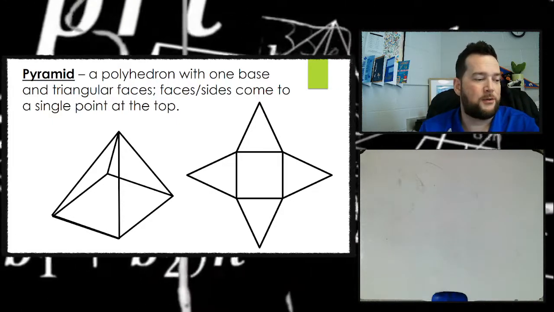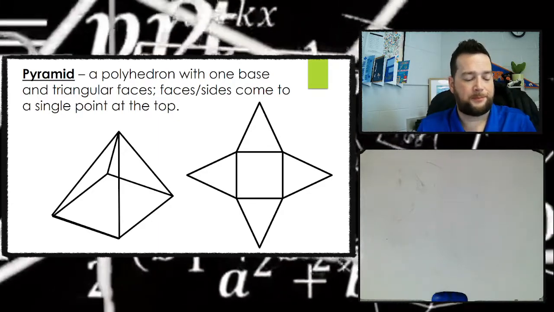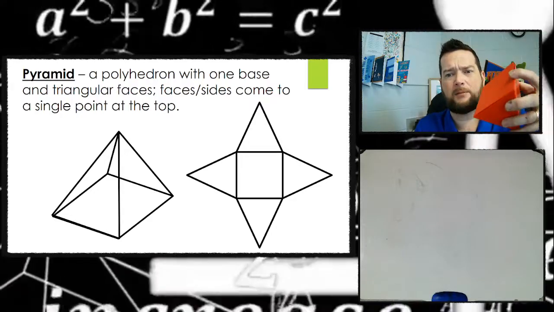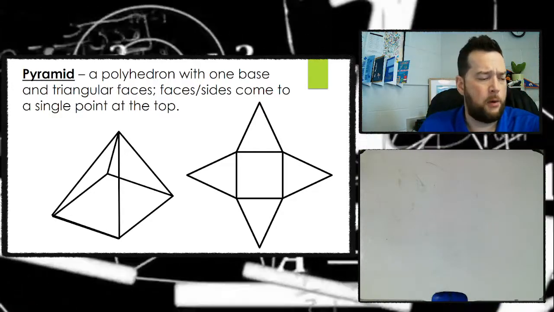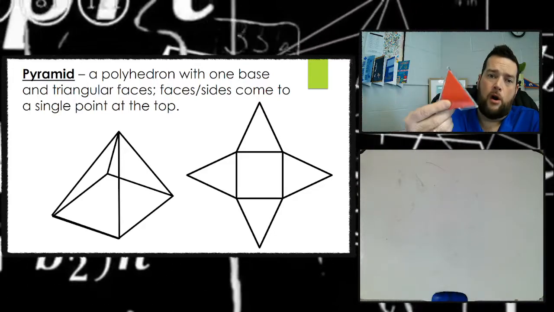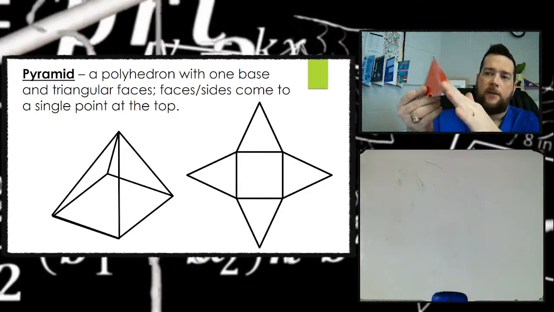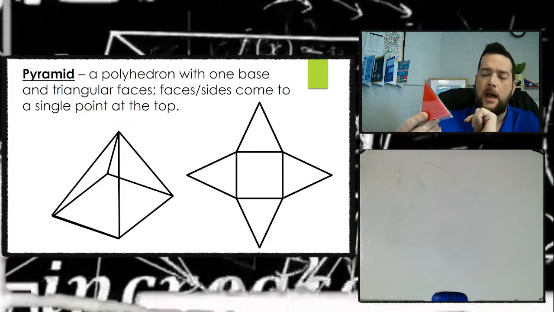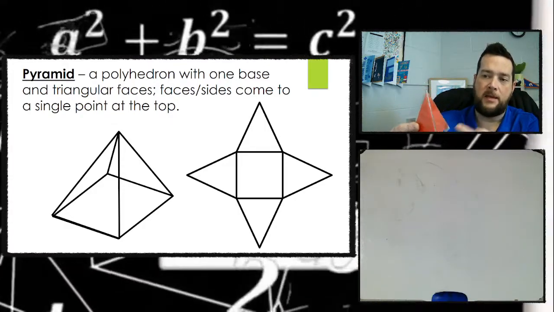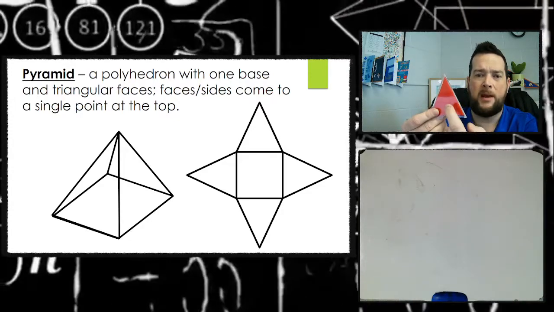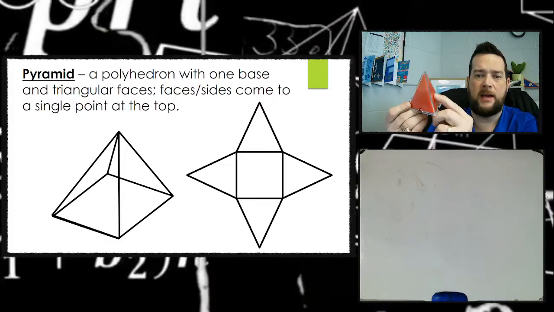If they don't come to a point, like the one we just saw a second ago, which did not come to a single point at the top, that would be a prism. So pyramids are polyhedrons, with flat sides, straight edges, and pointed vertices, that have one base. The other distinguishing mark of a pyramid is that it has triangular faces.